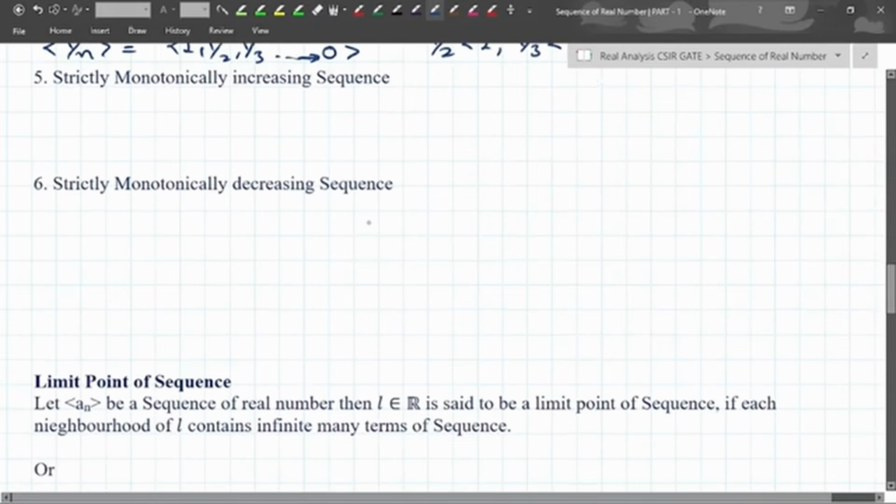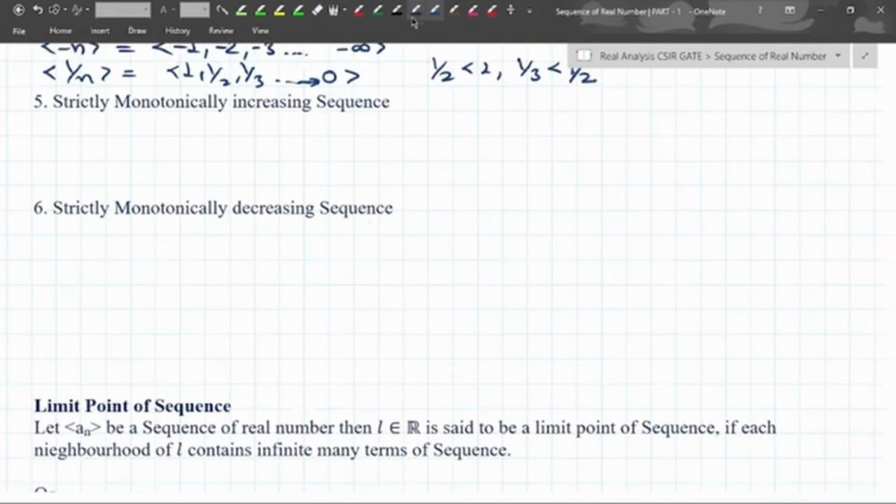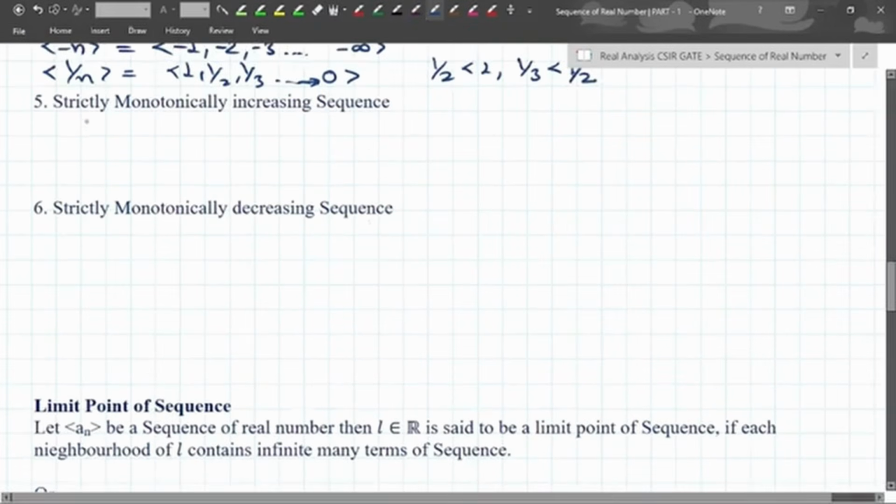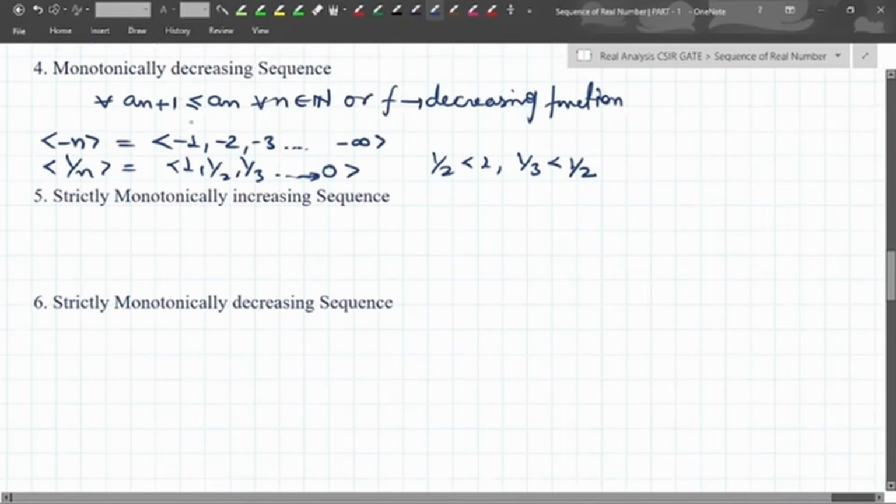Okay, now the next type is strictly monotonically increasing. Strictly monotonically increasing means there should not be any equality here. It means an is strictly less than an plus 1 for every n belonging to the natural numbers. This one is strictly increasing, and this one is also strictly increasing.